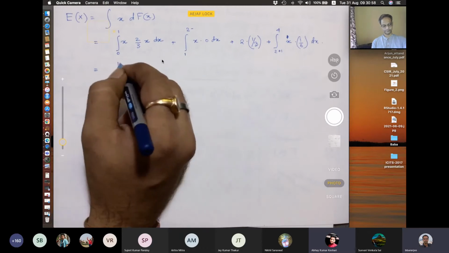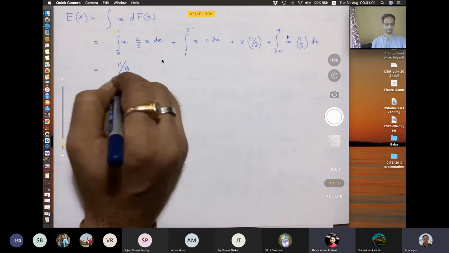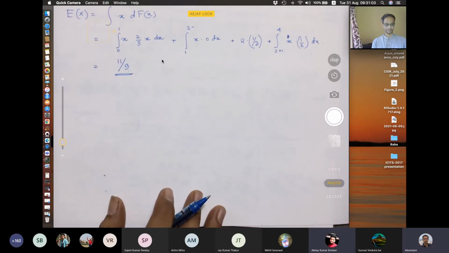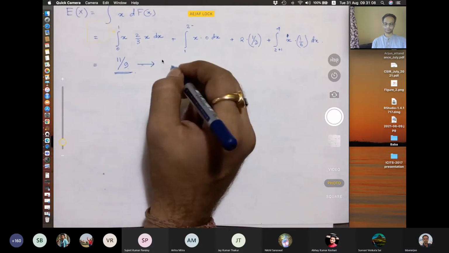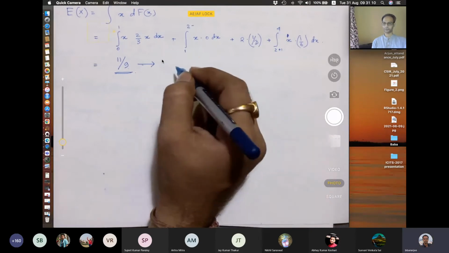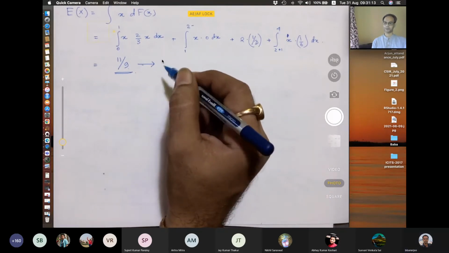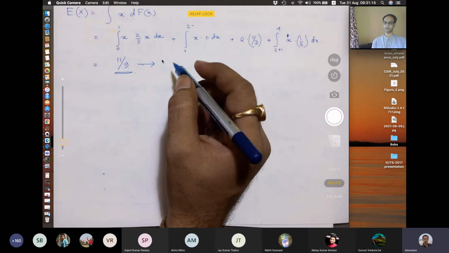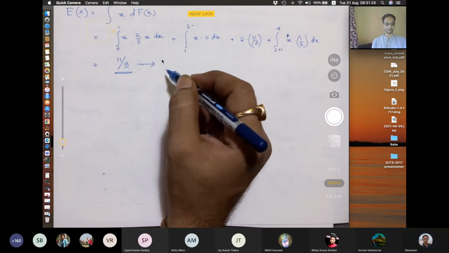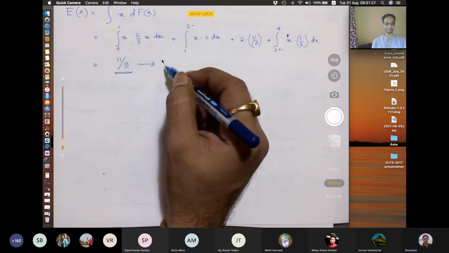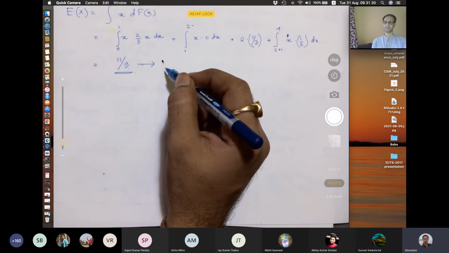Whatever comes, in the exam always give it in decimal, no fraction. Always in decimal. Otherwise you will not get the marks. Nobody will cross-check; it will be done by machine. So how much will it be? In fraction or decimal? 1.22.